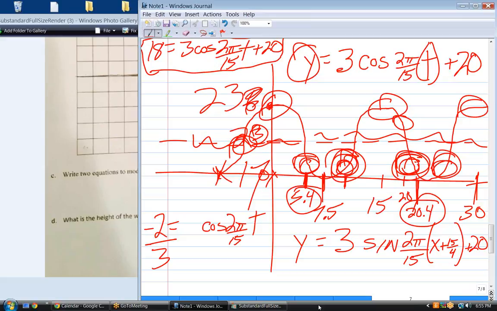So it'd be 2.1 to the right of 7.5, which puts it at 9.6. And then finally the fourth time it hits that height is exactly 1 period from 9.6. So I add 15 to that, I got 24.6. So those are your 4 times: 5.4, 9.6, 20.4, and 24.6.